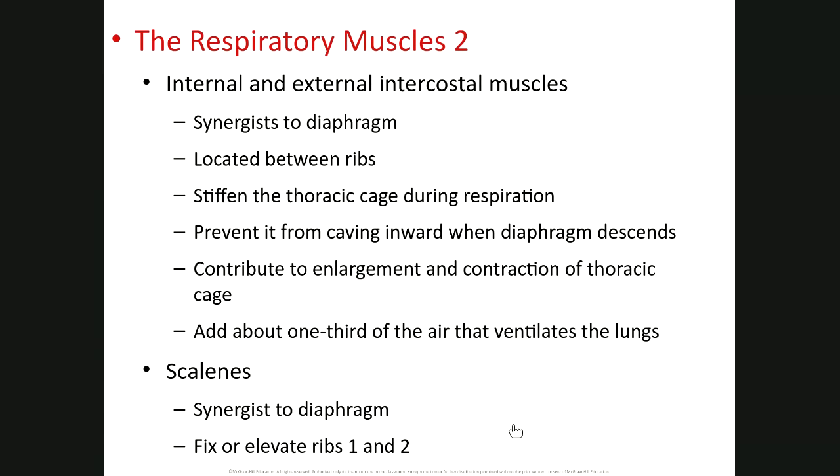What happens with that is the muscles, all they have to do, the external intercostals, is to relax. When the external intercostals relax, the ribs will go down, therefore decreasing the size again. The diaphragm, which is at the bottom, will relax and will tend to go up.